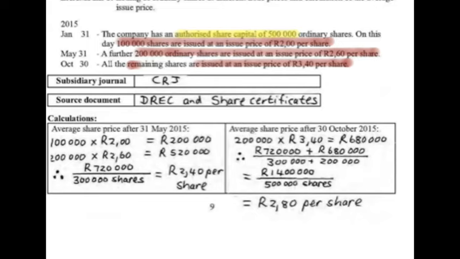It is important that you understand how to calculate the average share price. It is a calculation that we will use often in the exercises to come, and it forms quite a big part of company's theory that you need to understand. Also important is that you need to understand how this is now recorded in our general ledger. Now the account that we will use is called the ordinary share capital account.